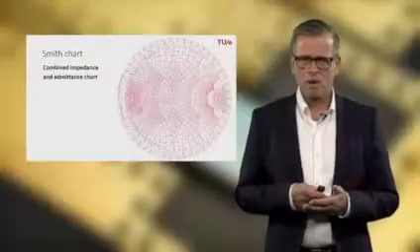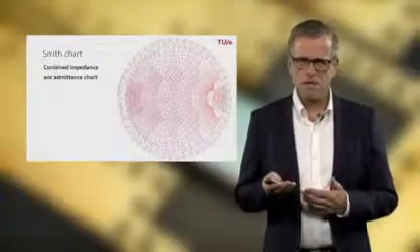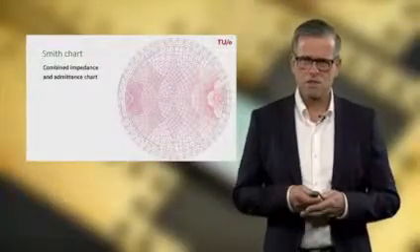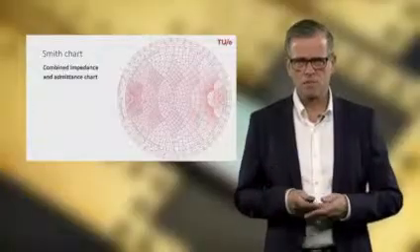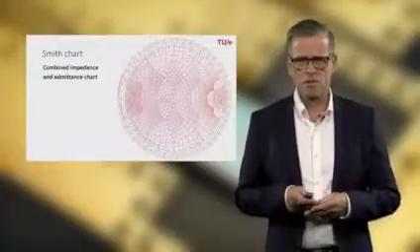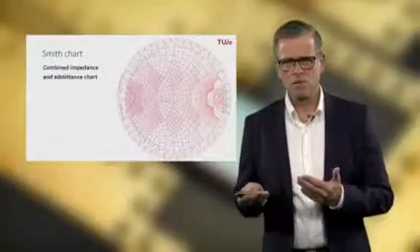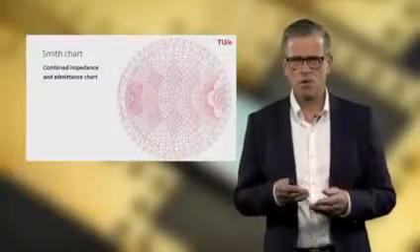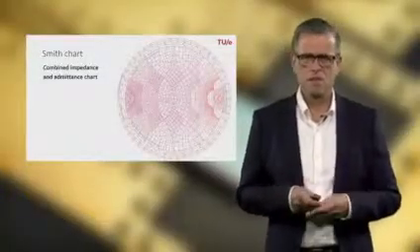By combining both the impedances and the admittances, we get a rather complicated Smith chart, as indicated here, where the red curves correspond to impedances, real and imaginary part, and the blue curves correspond to admittances.